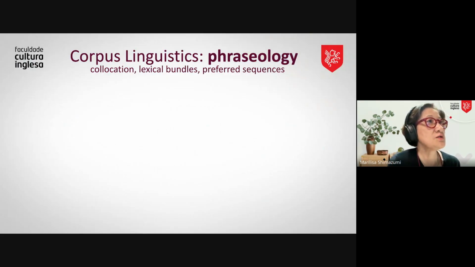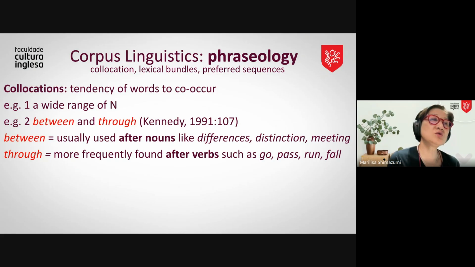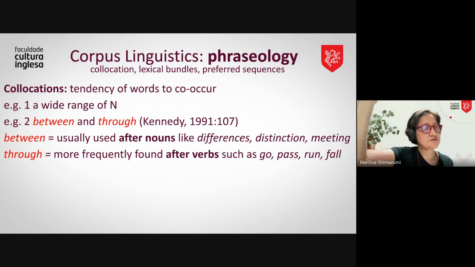By phraseology, we mean collocations, lexical groups, preferred sequences. And I am just going to share with you some research in the area of corpus linguistics and by different dimensions. So in terms of phraseology, when we talk about collocations, we are talking about the tendency of words to co-occur. Remember what I told you, language is highly predictable, it's extremely repetitive, and we can only see that through corpus.